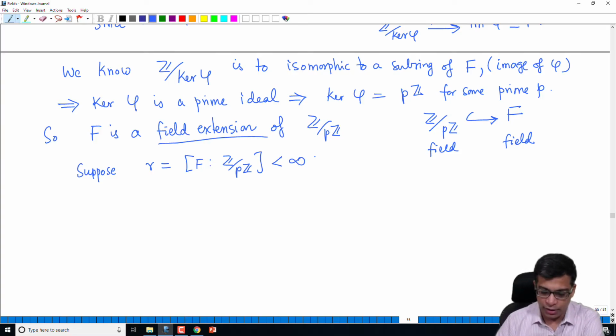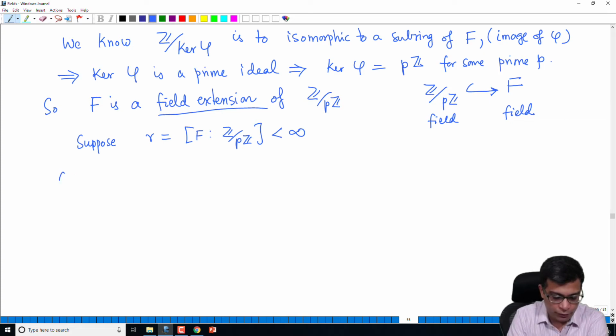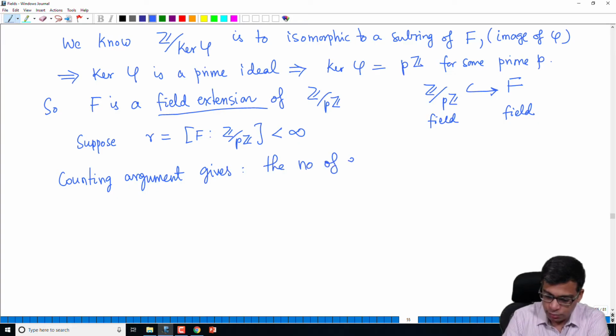So this is finite. Now this is a simple counting formula. Counting argument shows that the number of elements of F is p power r as claimed.